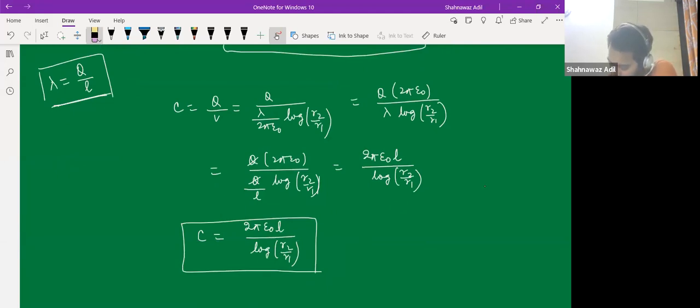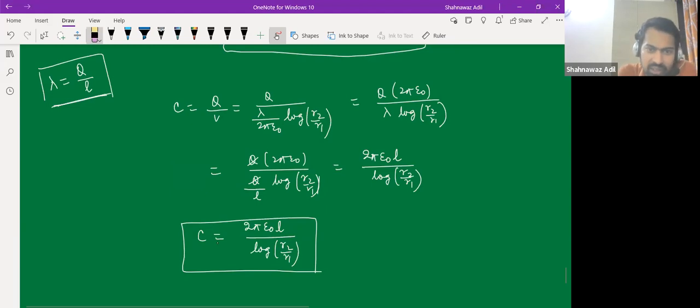Okay, so now we have calculated the capacitance of different kinds of capacitor. First we calculated the capacitance of parallel plate capacitor, and then we calculated the capacitance of spherical capacitor.